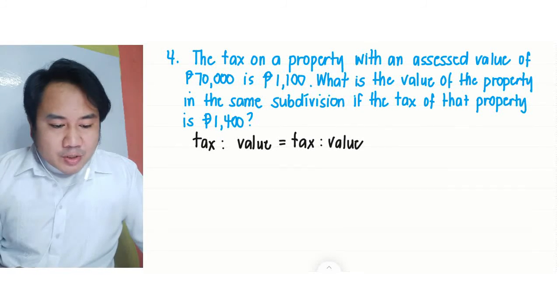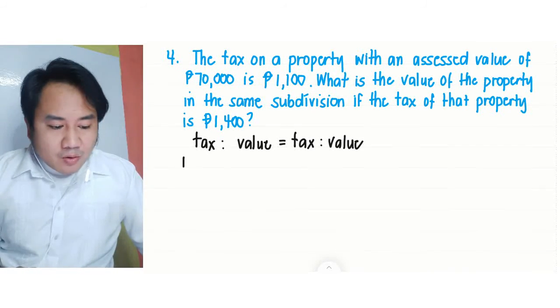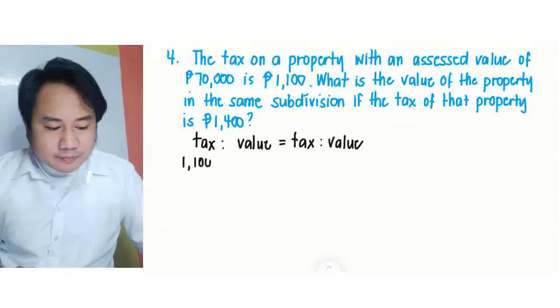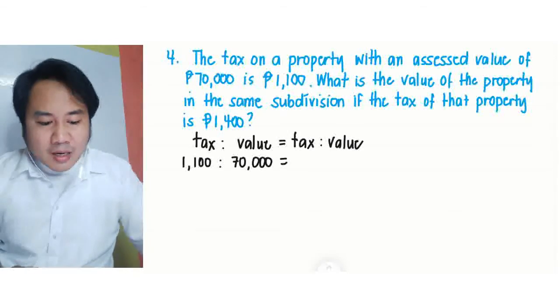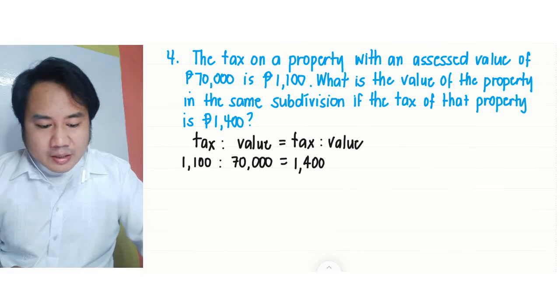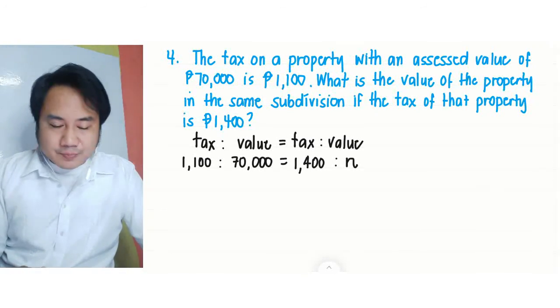So the first property has a tax of 1,100 and an assessed value of 70,000. Yung pangalawang property may tax na 1,400 and we are looking for its assessed value.